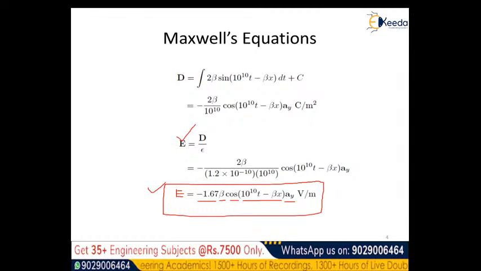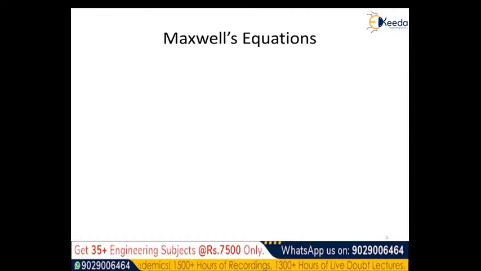So del bar cross E bar is the curl operation of electric field intensity. According to the curl operation formulation, we obtain del bar cross E bar is equal to del by del x of Ey into az.